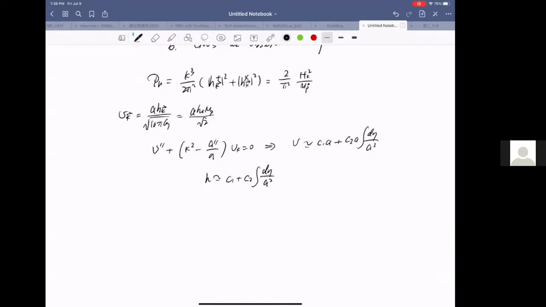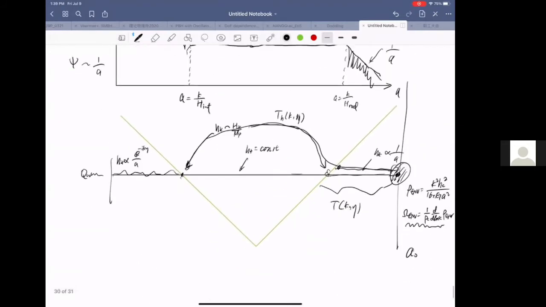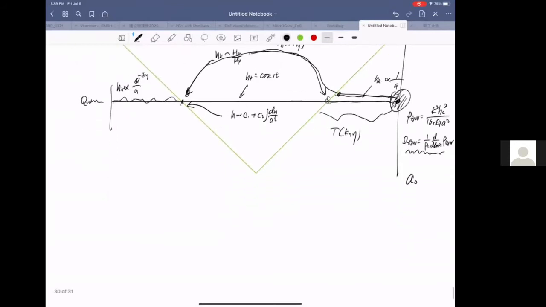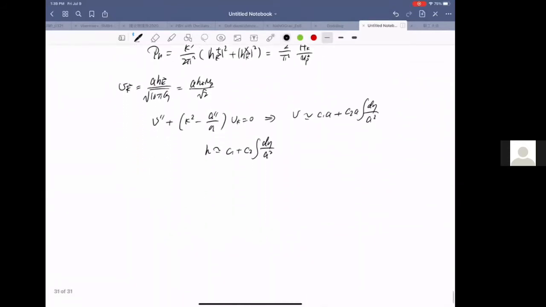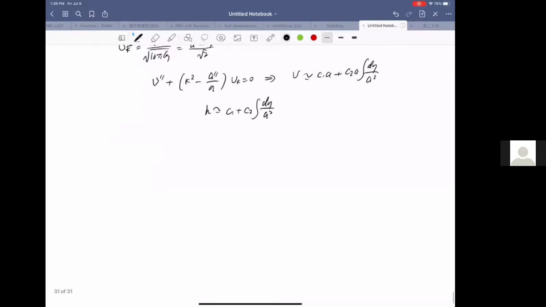And this should be connected, as I said, this solution is something we have in here. So it has to be connected with the inflationary value. And inside the horizon, the solution is a little bit different.